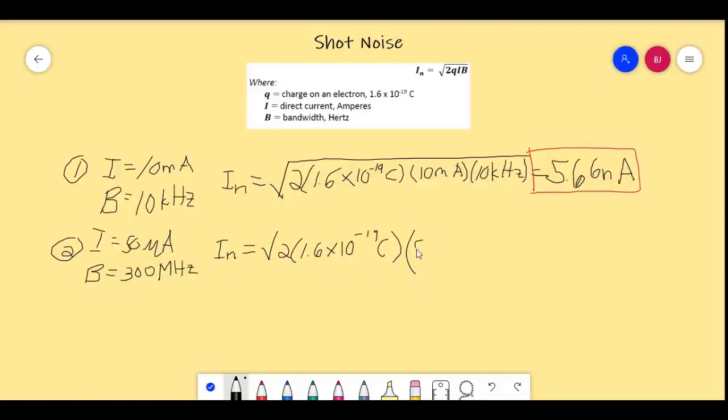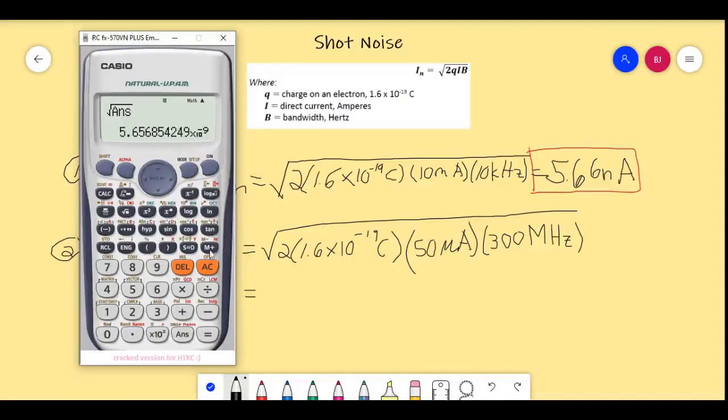Our current is 50 microamperes. And then finally, we have the 300 megahertz. So mega. Hopefully you still remember our engineering notation prefixes, as that would be quite useful all throughout our discussions.